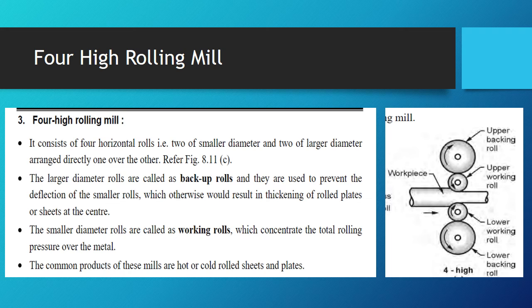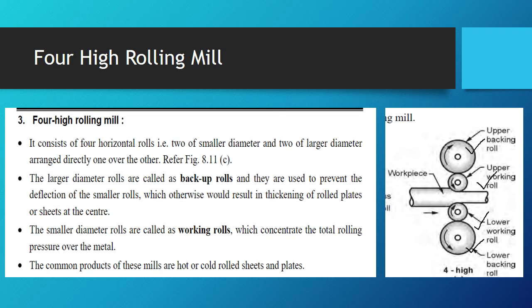It has an upper working roll, which is this one, and a lower working roll, which is this one. The working rolls are these two rollers. This one is the upper backing roll and this one is the lower backing roll, which have the function of backing the working rollers. They have a larger diameter compared to your working rolls.